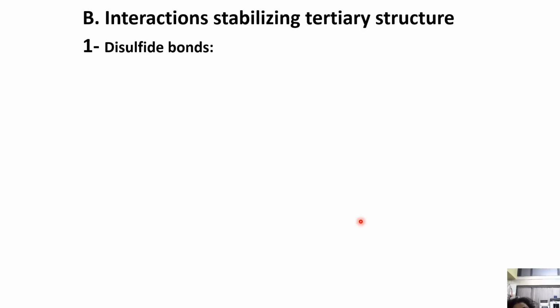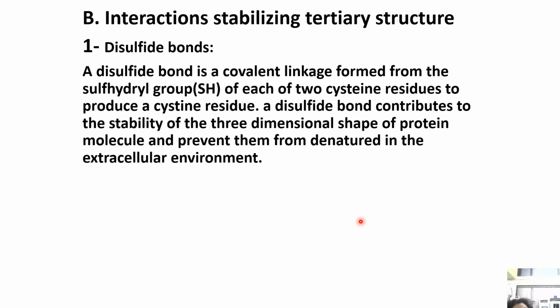Now, what are the interactions stabilizing tertiary structure? Disulfide bonds. A disulfide bond is a covalent linkage formed from the sulfhydryl group of each of two cysteine residues to produce a cystine residue, where the disulfide bond contributes to the stability of the three-dimensional shape of the protein molecule and prevents it from denaturing in the external environment.